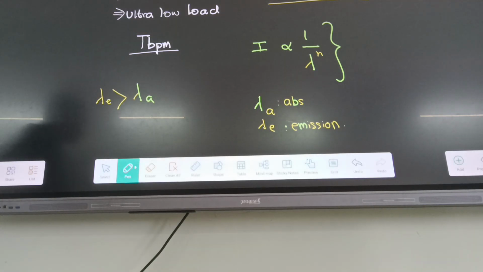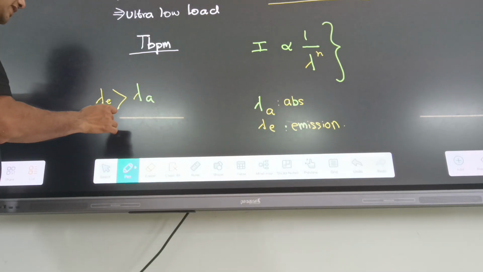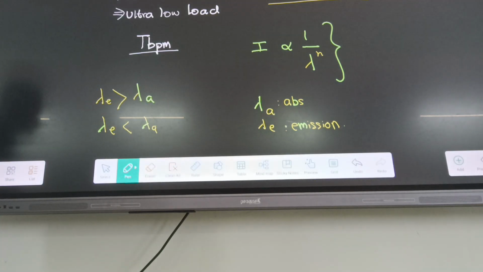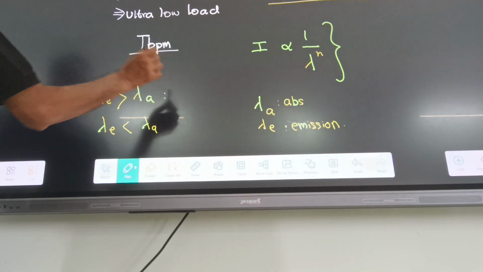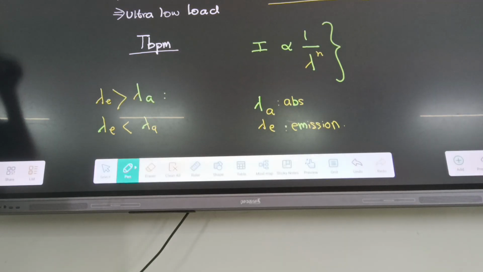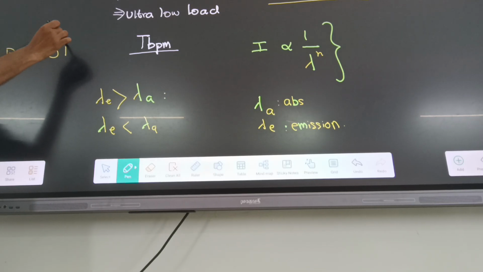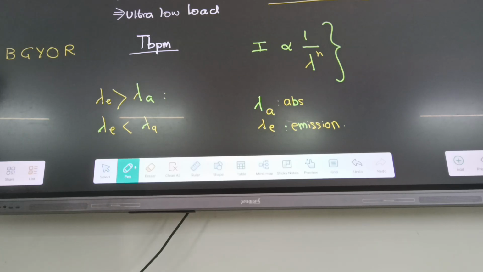then what happened, quenching or enhancement? What will the intensity be? Intensity will go down, right? But if lambda emission is less than lambda absorption, there is enhancement of intensity. People take green as the reference.